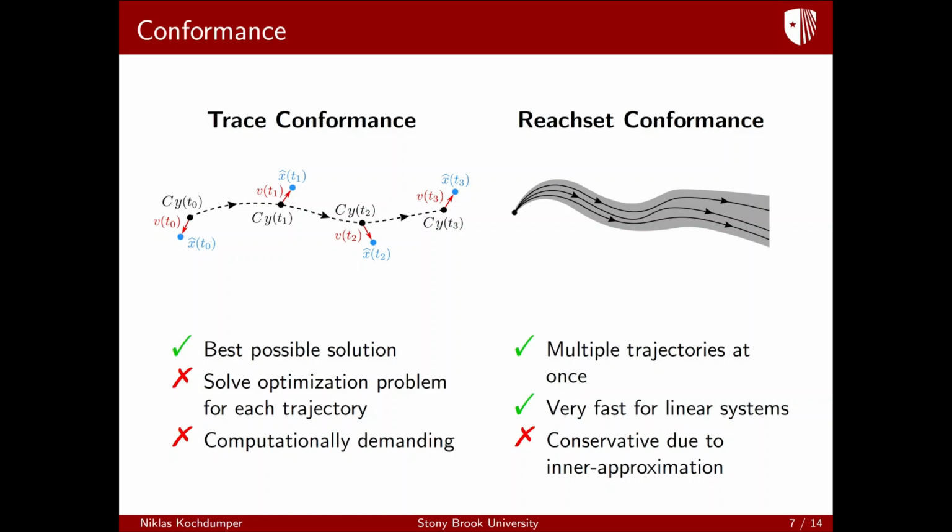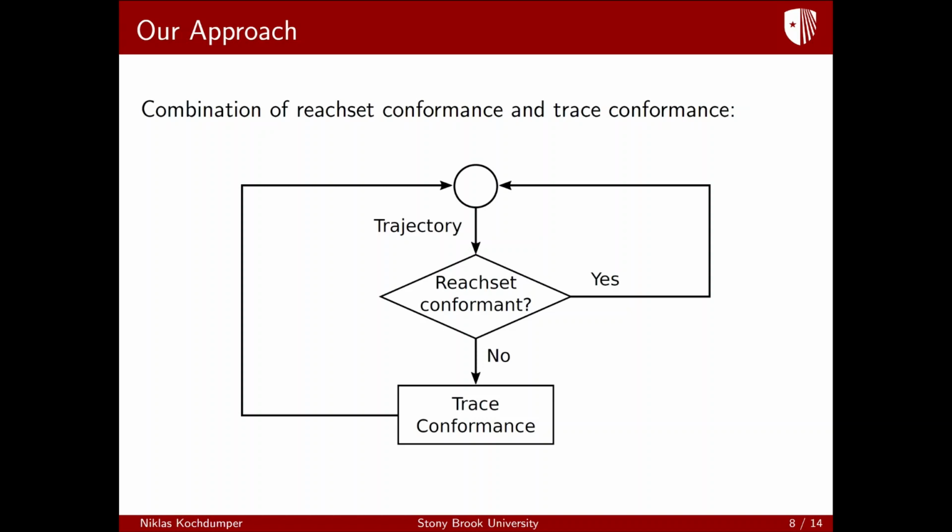And you already see here that basically the advantages of one method are the disadvantages of the other one. So the natural thing to do here is to combine these two methods together. That's actually exactly what we do for our approach. So we basically take a trajectory from our set of measured trajectories, and then first apply reach-set conformance to check if this trajectory is already conformant with our model.